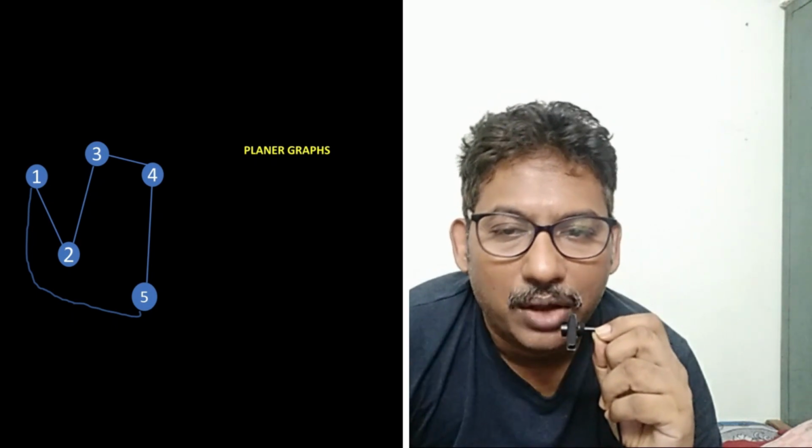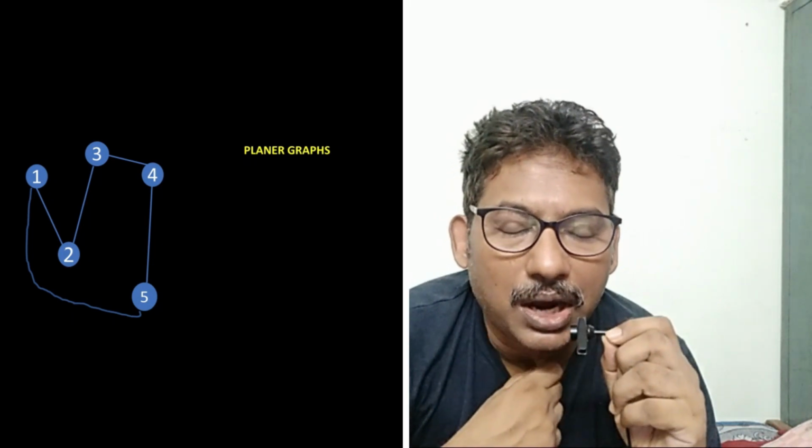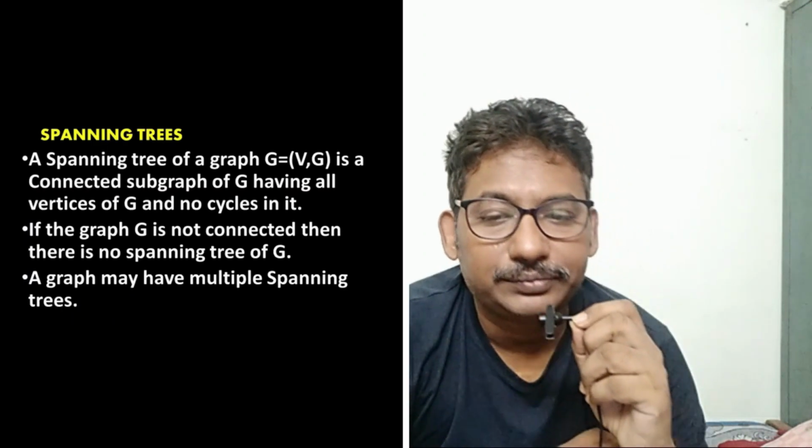So here in the diagram you can see this is a planar graph: 1 to 2, 2 to 3, 3 to 4 and 4 to 1, and by the path of 1 to 5 we can say it is a planar graph.